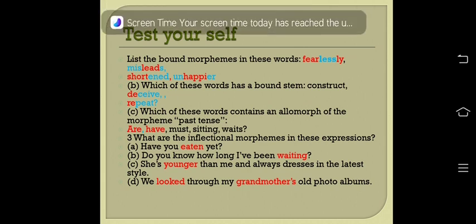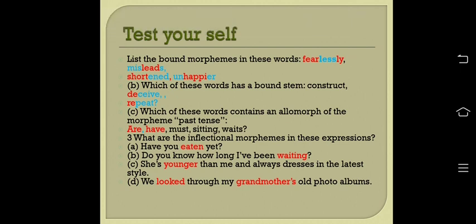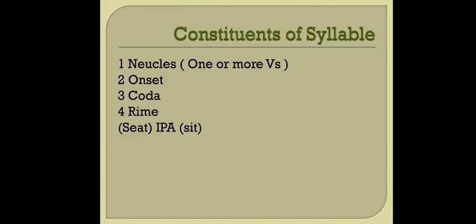And latest, est in latest is an inflectional morpheme. And we looked through the grandmother's old photo albums. So looked, ed, is an inflectional morpheme for the second form of the verb. And grandmother's, s with apostrophe is an inflectional morpheme showing possession.